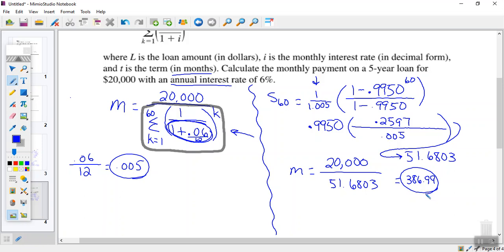What do you guys get when you multiply that by 60? 23,000. So on a $20,000 loan, you actually ended up paying back how much? So the bank profited approximately how much money? Okay. All right, kids. Lauren, good catch there. Thank you so much. Let me stop this here.